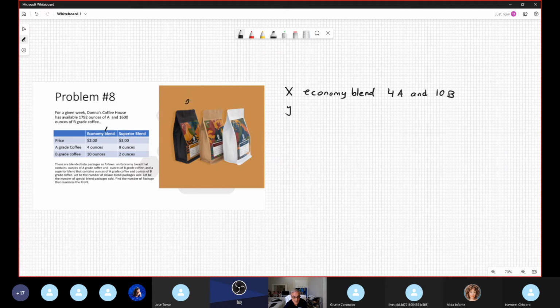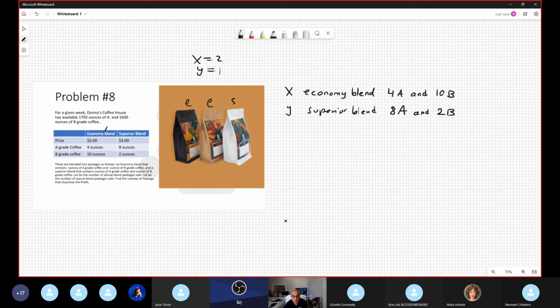So suppose economy and superior. In this case, X is 2 and Y is 1, correct? The number of packages that you sold. The superior blend, the combination is more of the coffee A, it's better, right? And only 2 of the coffee B, that is not good.